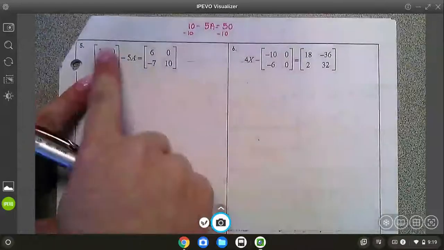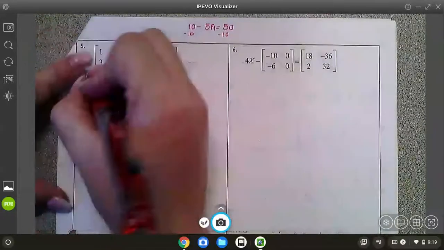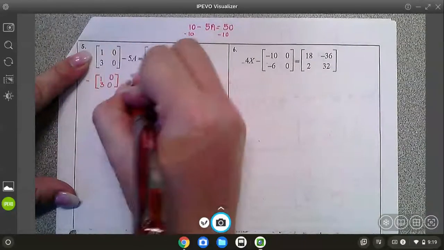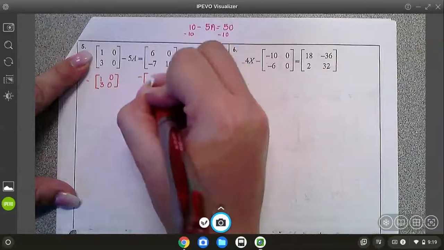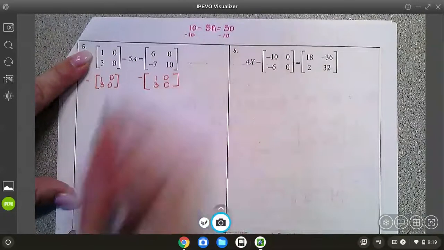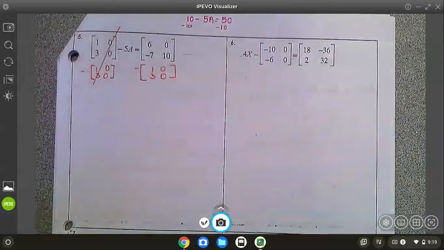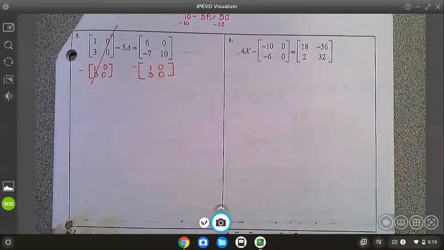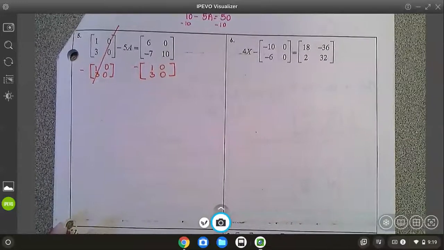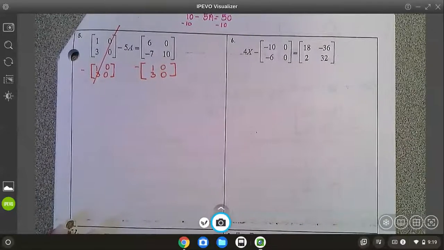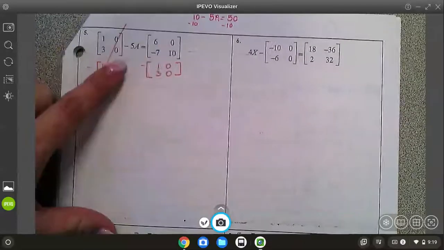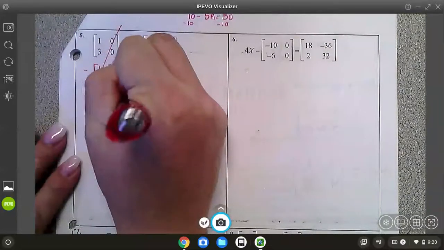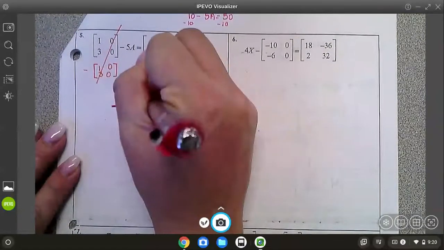So here, we're going to subtract this matrix first, from both sides. Those cancel. So on the left side, we're left with negative 5a equals.